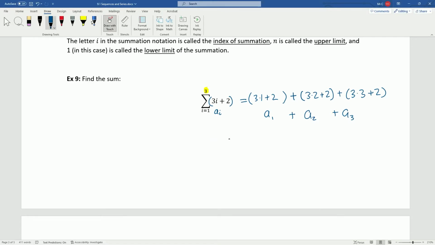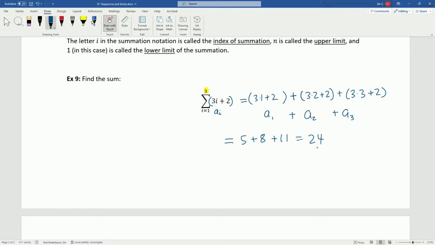And now I just add all of those together. 3 times 1 plus 2 is 5, plus 6 plus 2, that's 8. Plus 9 plus 2, which is 11. That's 13 plus 11, that's 24. Now, in the case of this sum, we've done this in long form, let's call it, and actually plugged in every value and added them together.